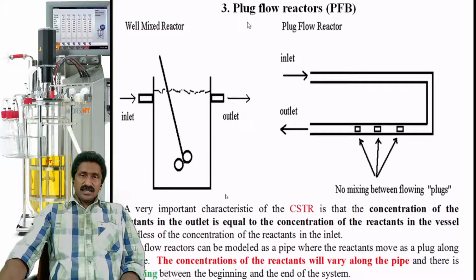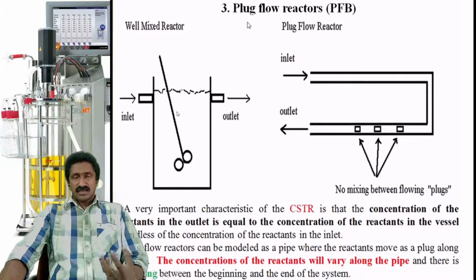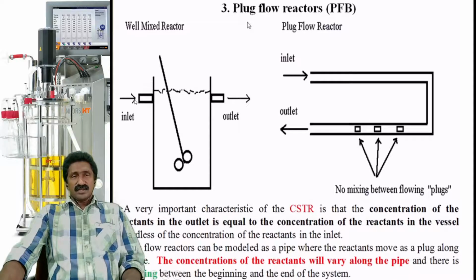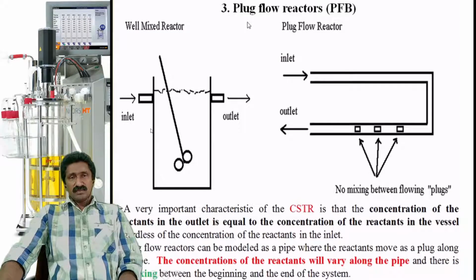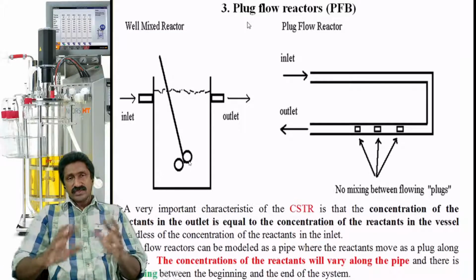Usually in the case of a CSTR, or a mixed tank reactor, or a stirred tank reactor, you have a medium inlet and a medium outlet, and also there will be a stirring provision. So the entire content of the medium in this tank will be equally stirred.